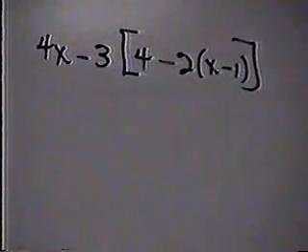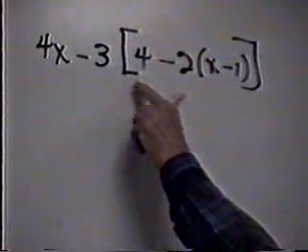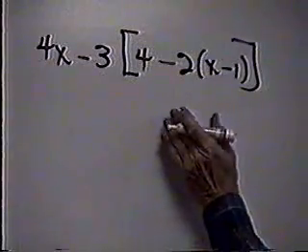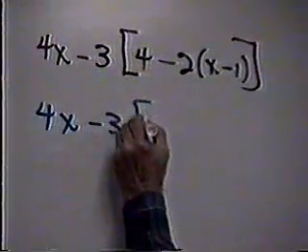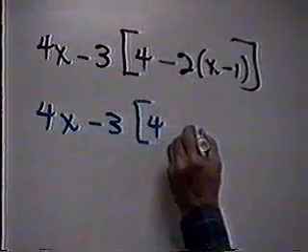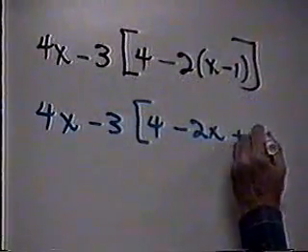Okay? All right, looking at the next example, we have parentheses and brackets. In other words, our double parentheses. So what do we need to do here? Remember, we work inside out. So you should copy down the brackets and then work with the parentheses. Minus 2 times this is a minus 2x. Minus 2 times a minus 1 is a plus 2.